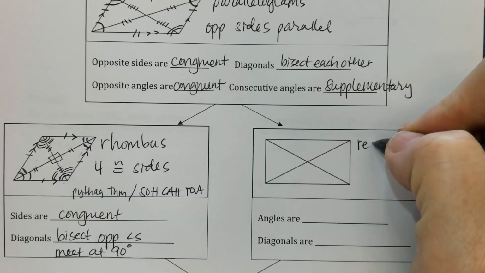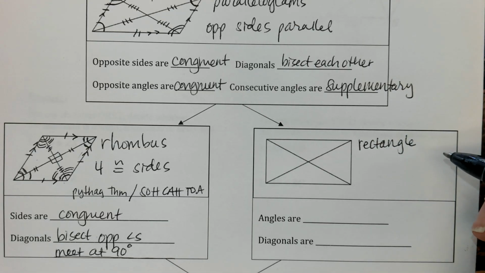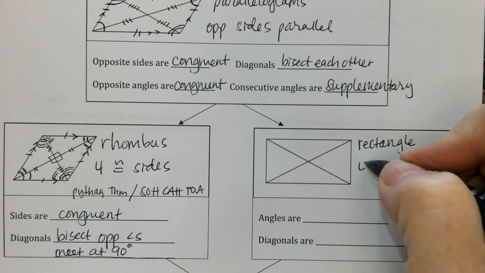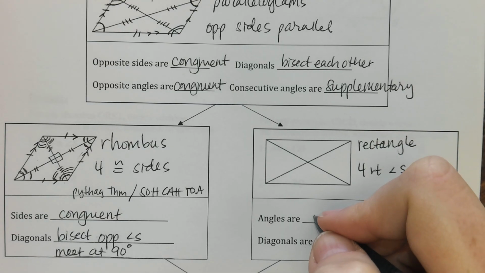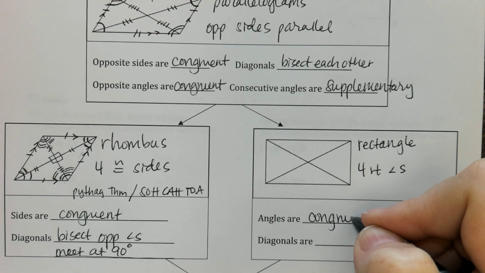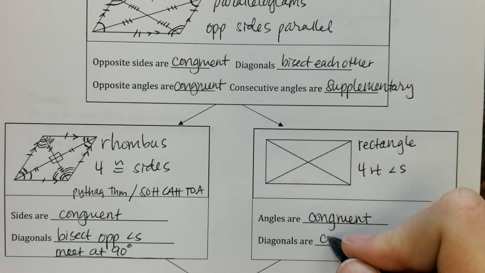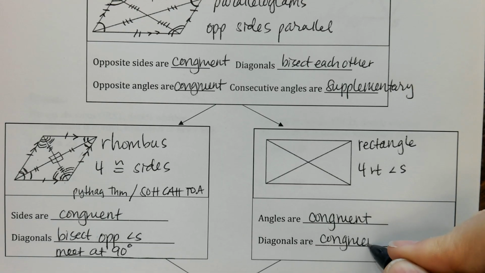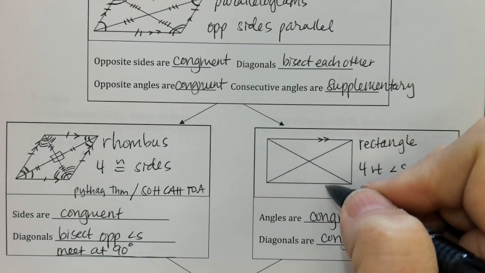Next up, we've got a rectangle. And the definition of a rectangle, or what makes a rectangle, is that it has 4 right angles. Angles are congruent, sure. In this one, the diagonals are congruent as well. So let's get all our marks on there. We are a parallelogram, so that means opposite sides are parallel.